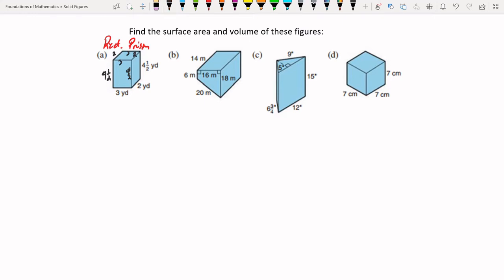We don't necessarily need to know all those things. We just need to find the green side, the red side, and the purple side, and multiply those by 2 because the underside is also the same dimensions as the purple.